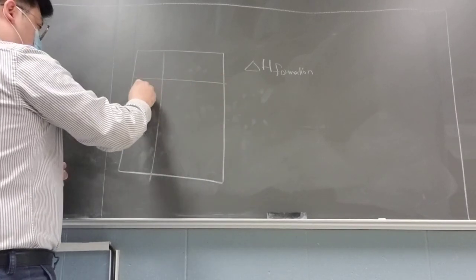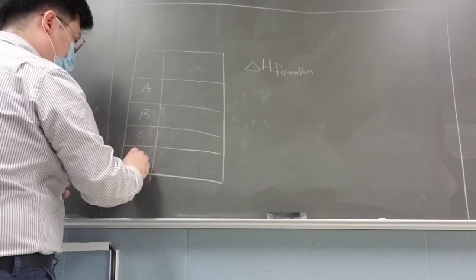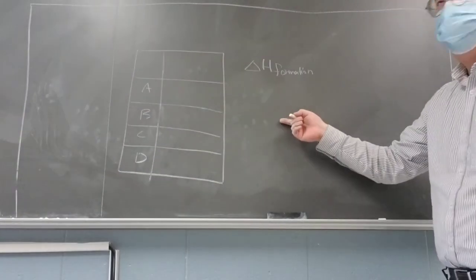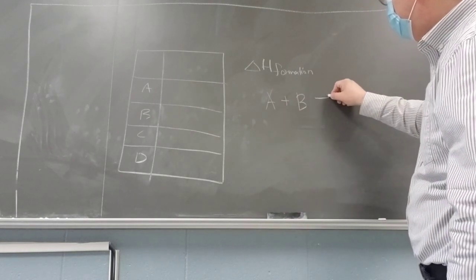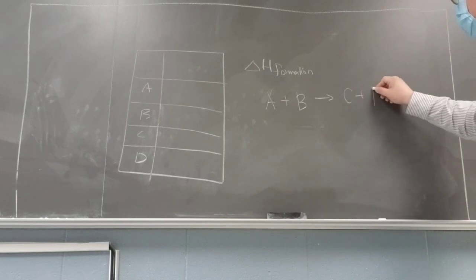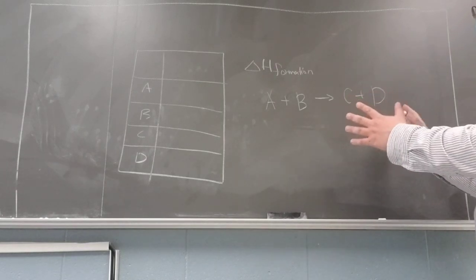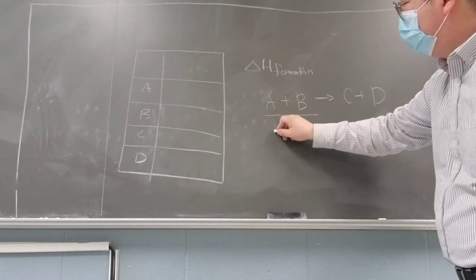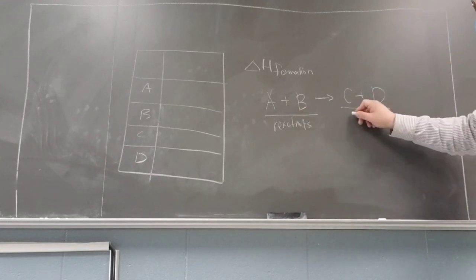For example, it's compound A, compound B, compound C, and D. And then I'm going to show you the chemical reaction. So maybe A plus B makes C and D. We're actually going to do the practical problem soon, but this is just the basic rule. So the left side is your reactants, right? And this is your products.